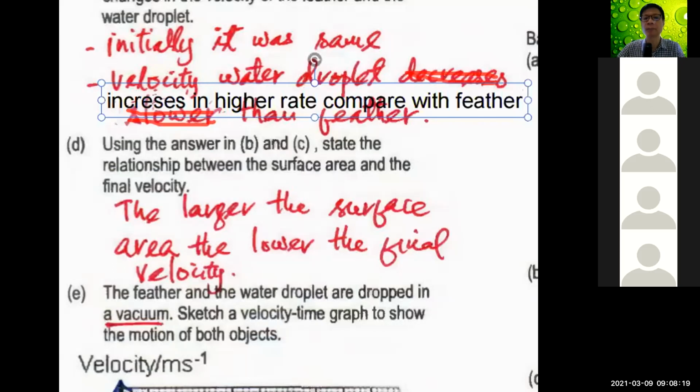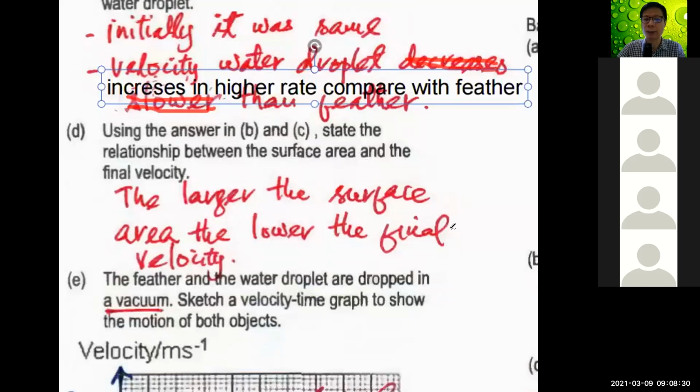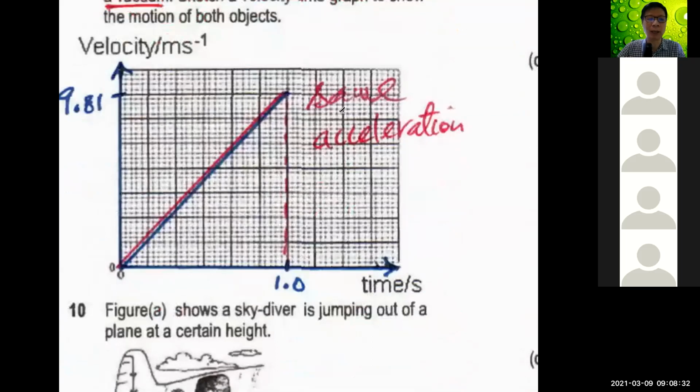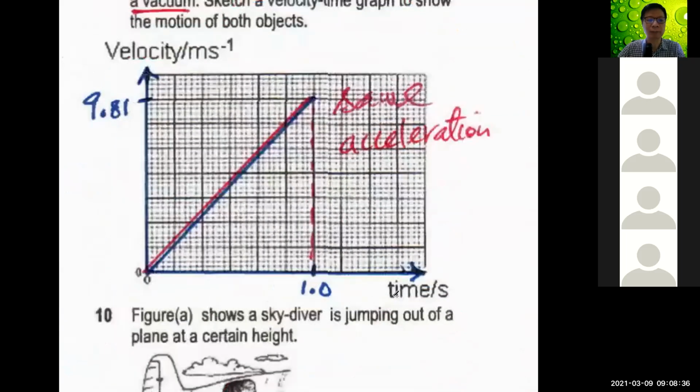Eslin correct. Liu Jiajin correct. Yap Xiao En also correct. Means you know the graph gradient. The gradient represents the acceleration, so the acceleration must be equal to 9.81. That's why you get a graph like that. Now this is the graph. You draw a line, actually the same for both of them, but I use different colors, same acceleration.